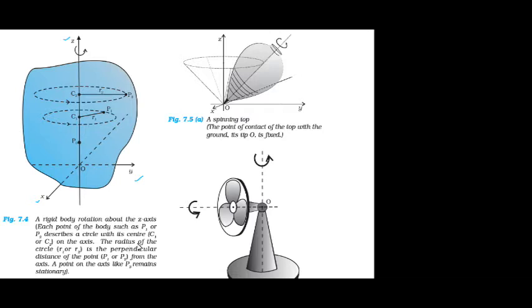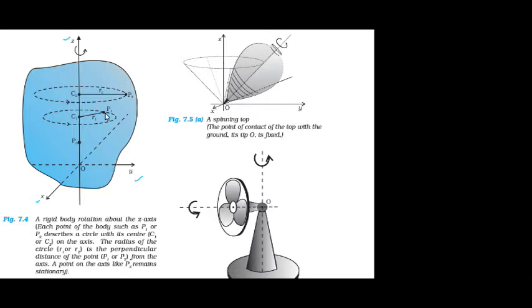The radius of the circle, r1 and r2, is the perpendicular distance of the points P1 and P2 from the axis. A point on the axis like P3 remains stationary.